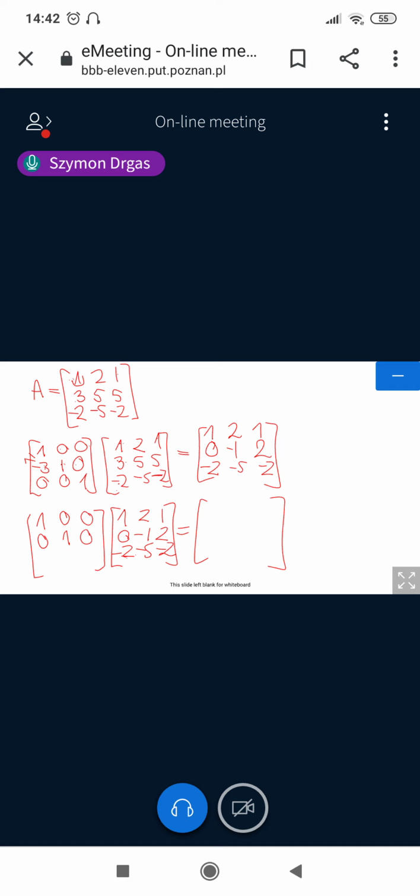So what numbers should be in the third row of this matrix? You earlier provided me. Yes, 2, 0, 1. Great.